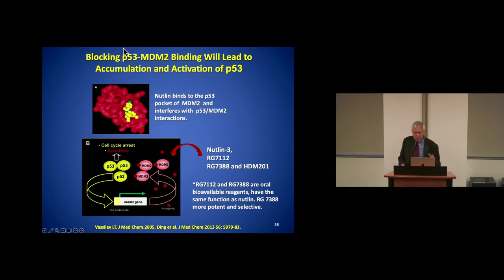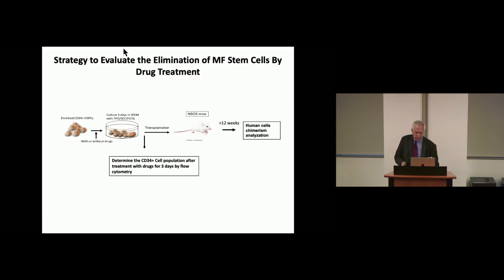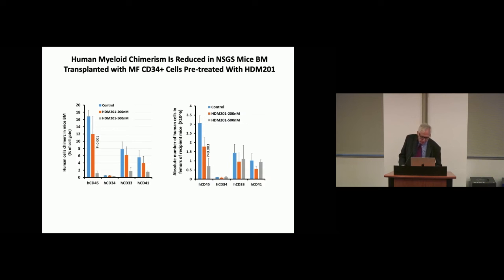So this group of drugs essentially antagonized the effects of MDM2, leading to upregulation of p53. And we used this strategy essentially to incubate cells with these various drugs and then transplant them into these immune deficient mice, essentially to determine if we can deplete stem cells.